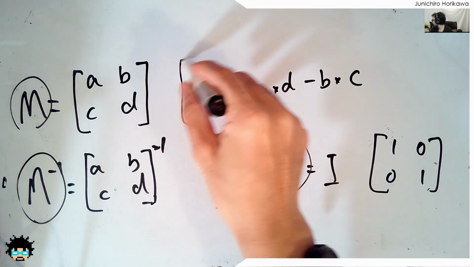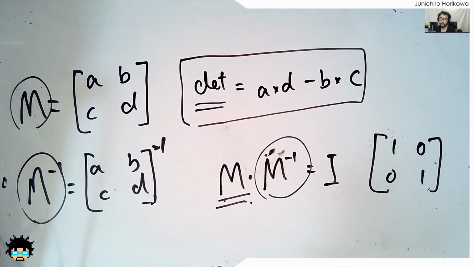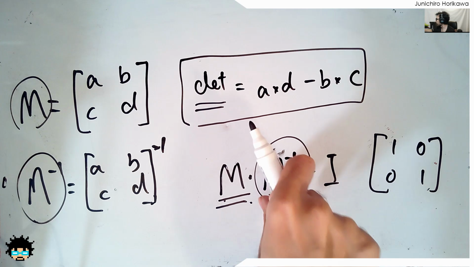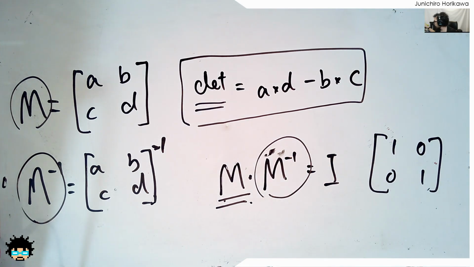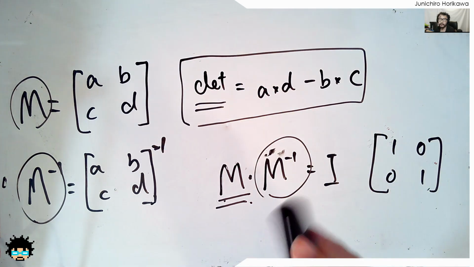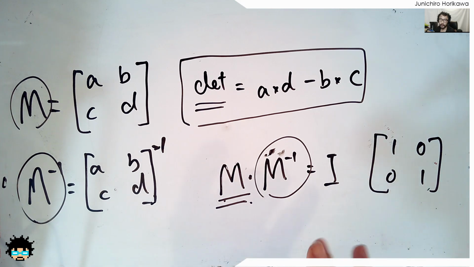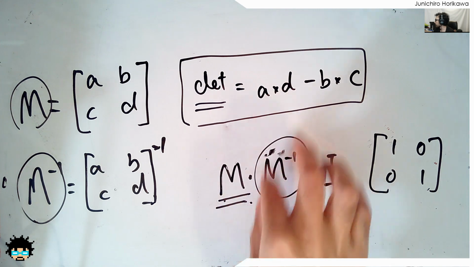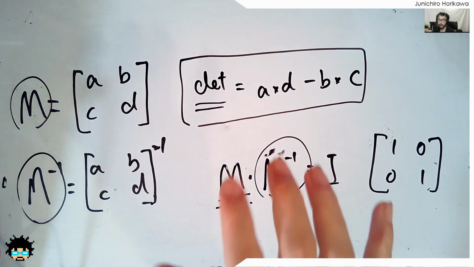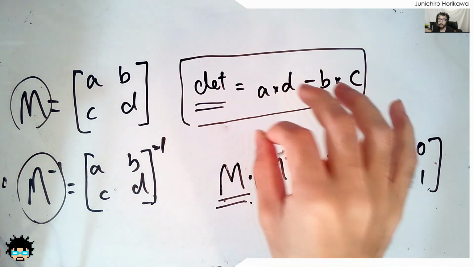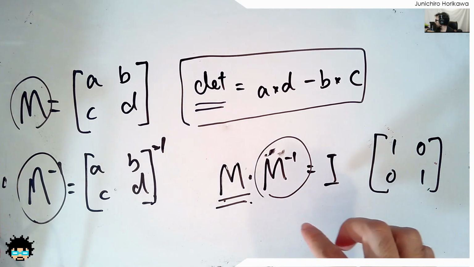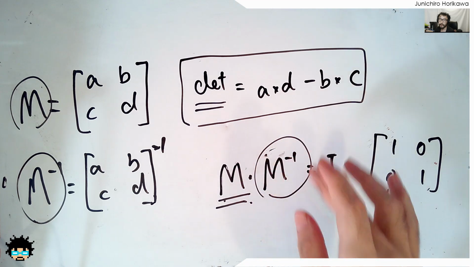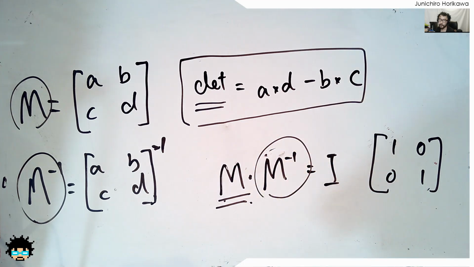And this determinant can be used to check whether this matrix has an inverse matrix or not. Now, most of the time when the determinant is equal to 0, that means there is no inverse matrix for the original matrix. If the value is not equal to 0, then in a lot of cases you have the inverse matrix of the original matrix.